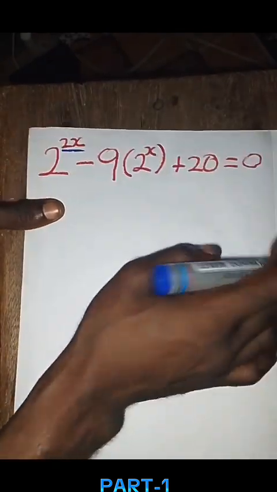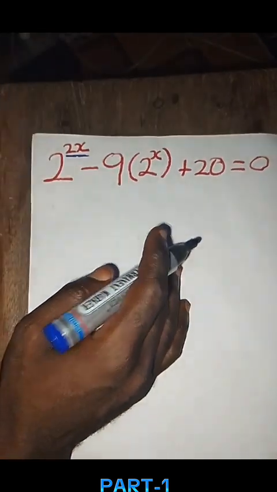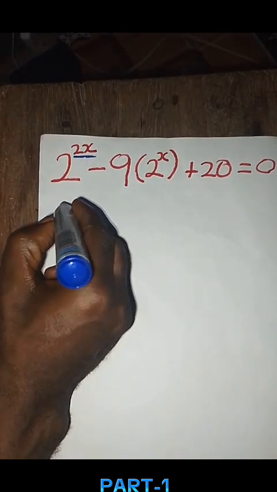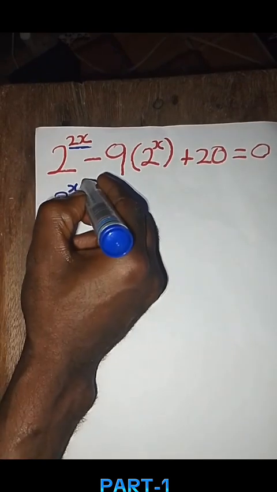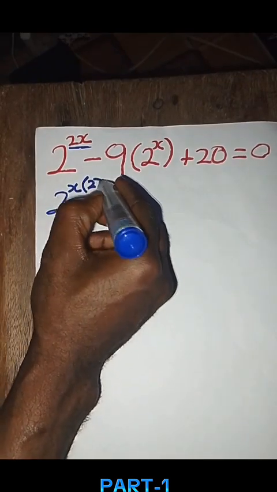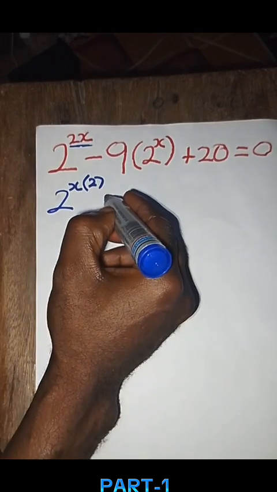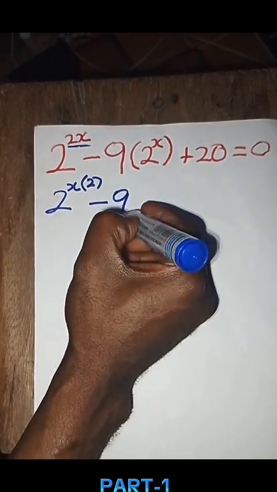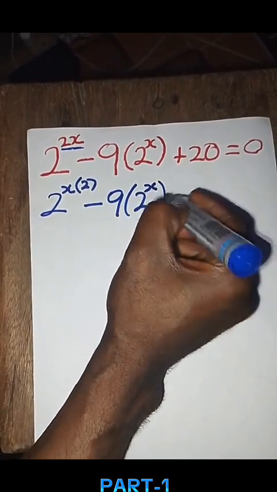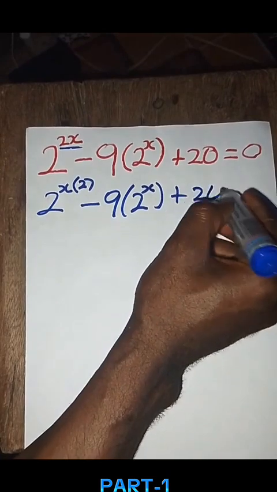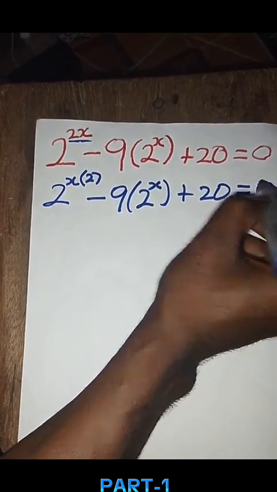So we now have 2 to the power x into 2 to the power x minus 9 into 2 to the power x plus 20 is equal to 0.